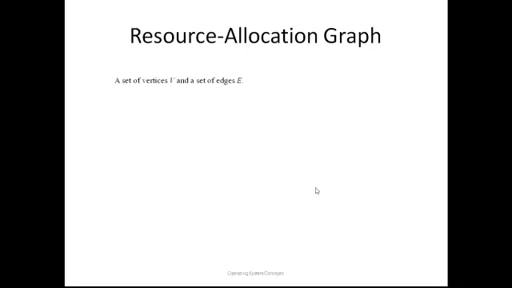Now we'll go to the resource allocation graph. How the resources are allocated to different processes is indicated by a graph known as the resource allocation graph. Now for this we have to find a set of vertices V and a set of edges E to define the graph.